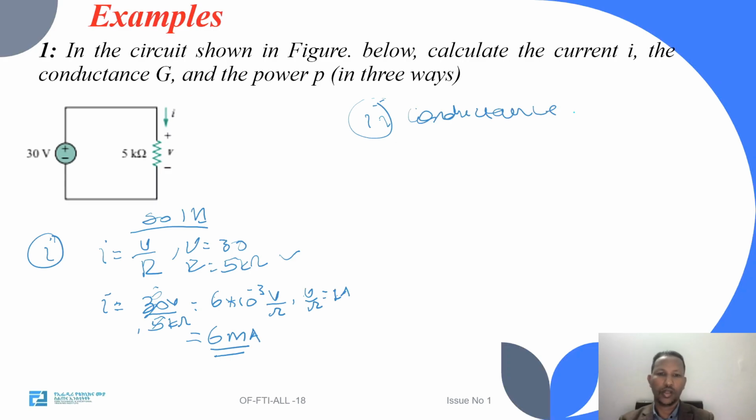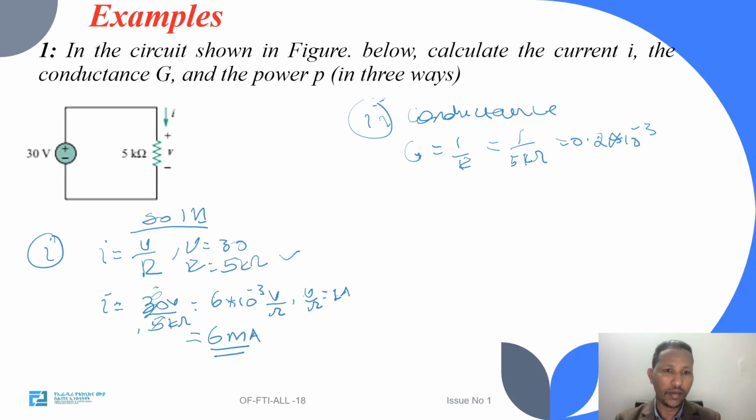Conductance is represented by G, which is 1 over R, so it is 1 over 5 kilo ohm. 1 divided by 5 is 0.2, so we have 0.2 times 10 raised to minus 3.